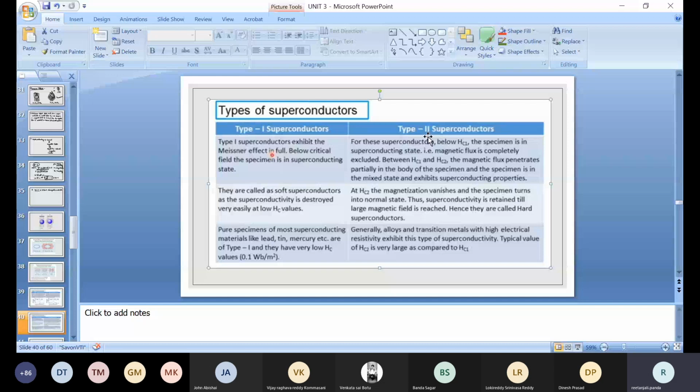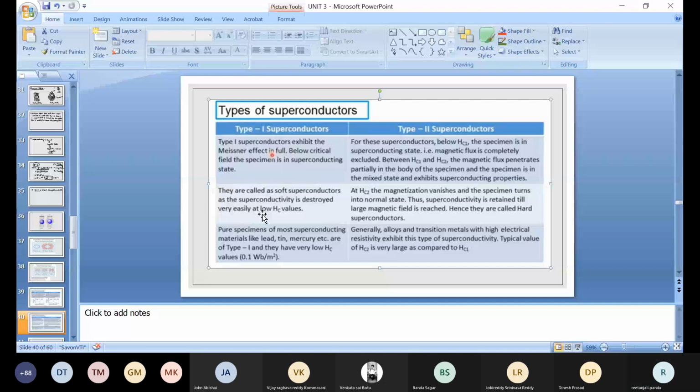Okay. These types of superconductor are called soft superconductors. Because the superconducting property of the material can easily be removed just by increasing the magnetic field or just by increasing the temperature. That's why these are called soft superconductors.